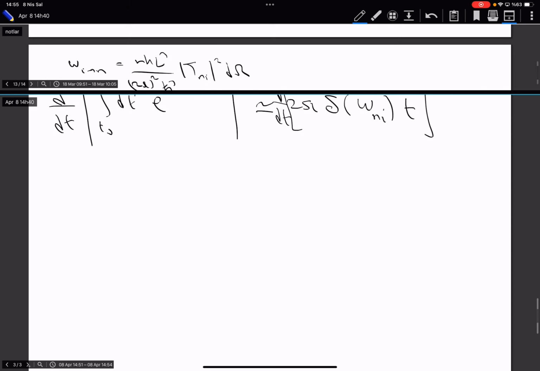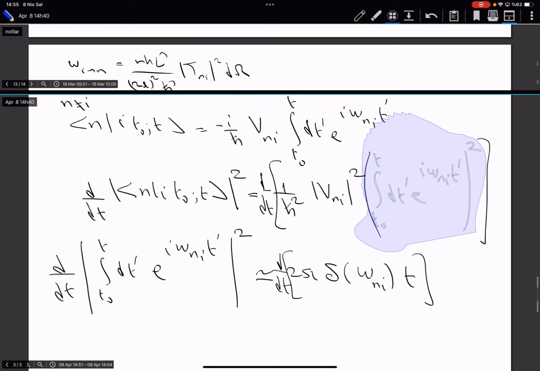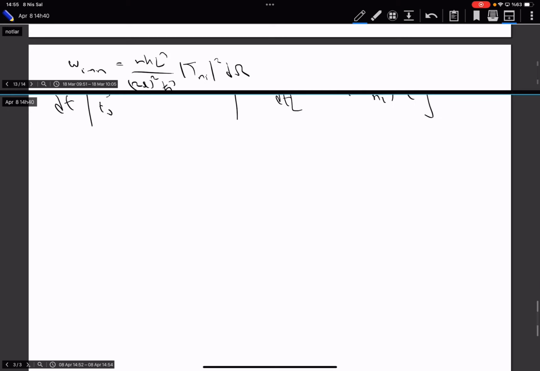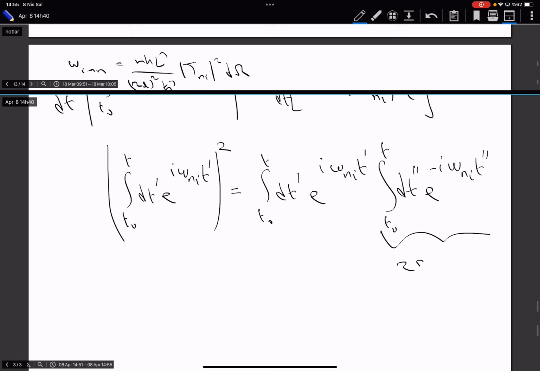Well, what I was trying to do before, we can also do that. So this is equal to the integral from t0 to t, dt prime e to the power i omega_ni t prime, times the integral dt double prime, for t0 very far in the past and t very large. This is essentially 2 pi times the Dirac delta of omega_ni.